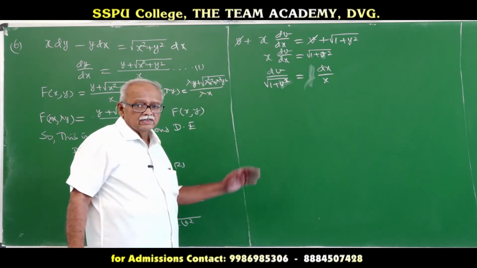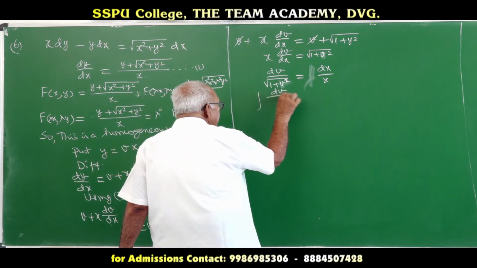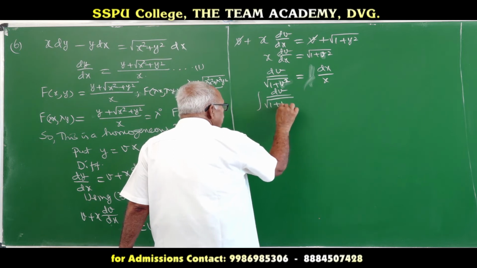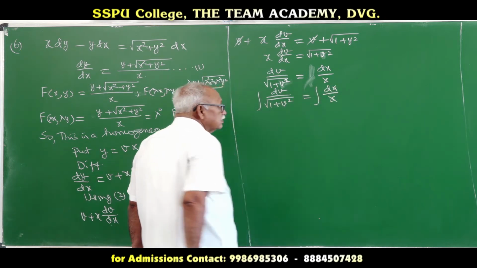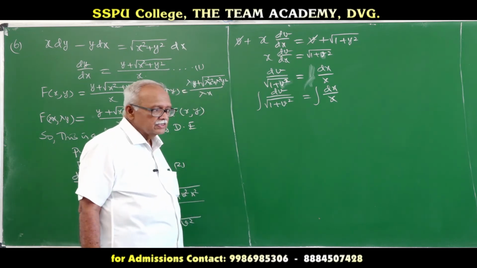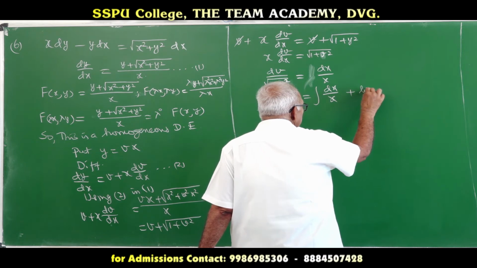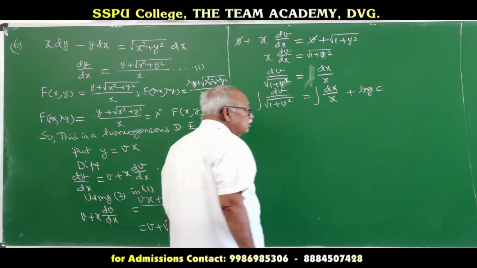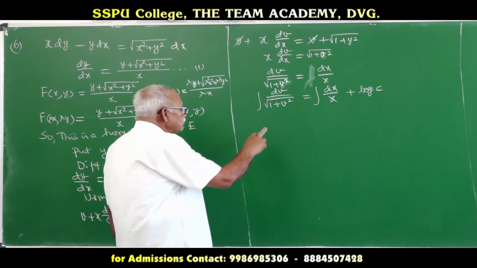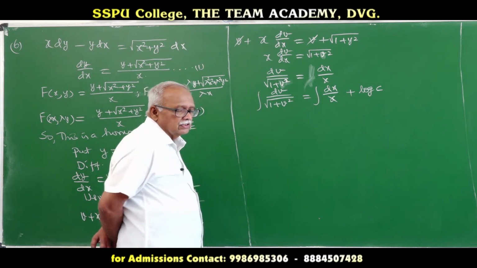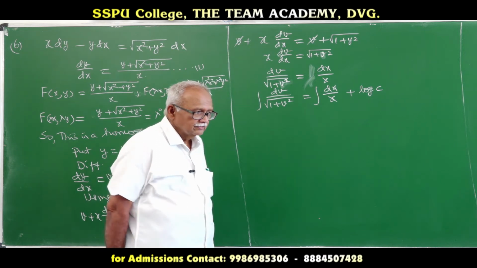Now let us integrate this. Integral of dv by square root of 1 plus v square is equal to, so this is the integration for this, plus we can write the constant as log c. Now what is the integration for dx by root of a square plus x square?